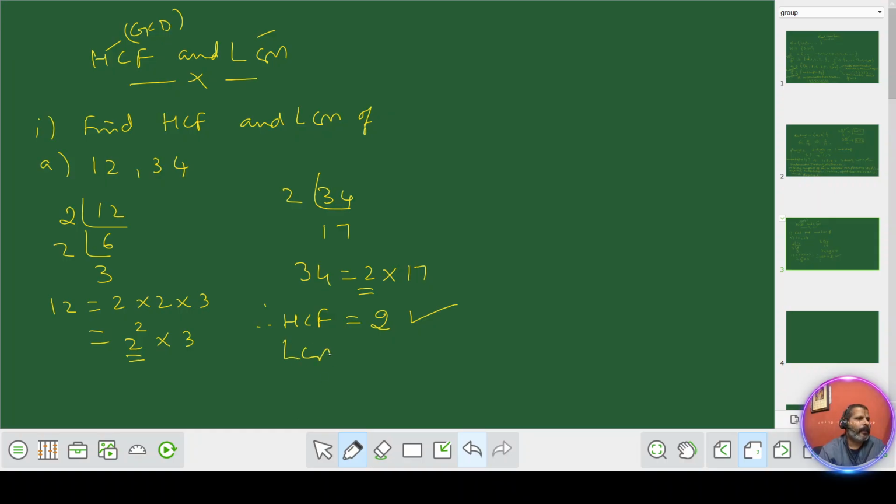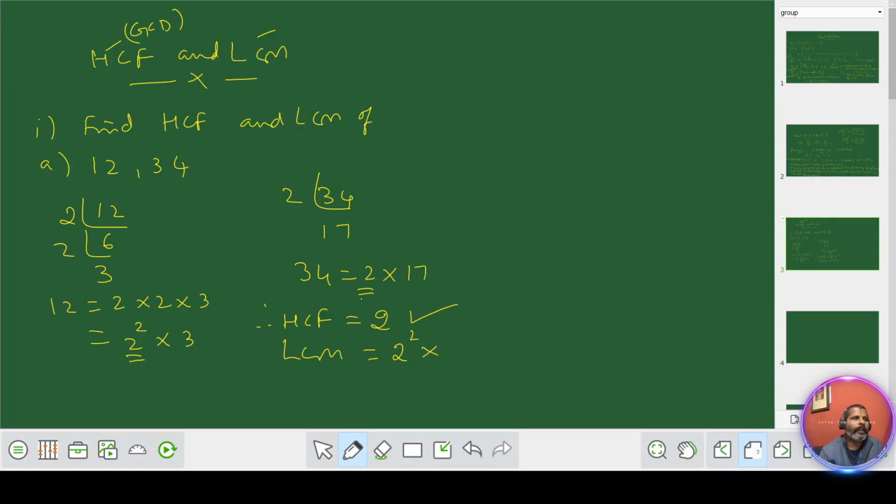Then LCM, it's against the HCF. You count all the factors in both the numbers, or however many numbers are given, in the prime list, you count every factor, the highest powered common factor, and also include the non-common factors. For example, see 2 square and 2, they're common. We have to take the highest powered one.